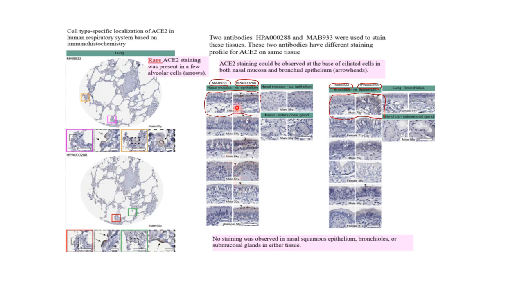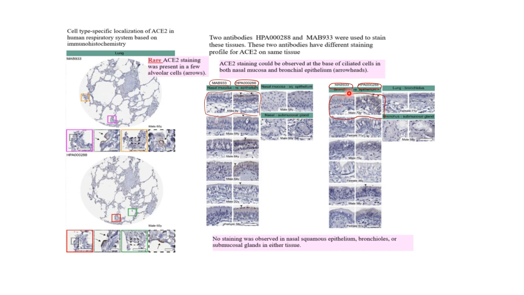And the amount of staining is different in different patients. And this is in the nasal mucosa ciliated epithelium. So in the nasal mucosa ciliated epithelium, HPA000288 stains for ACE2, whereas MAB933 does not stain for ACE2.